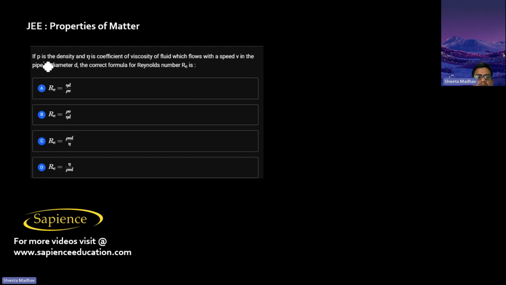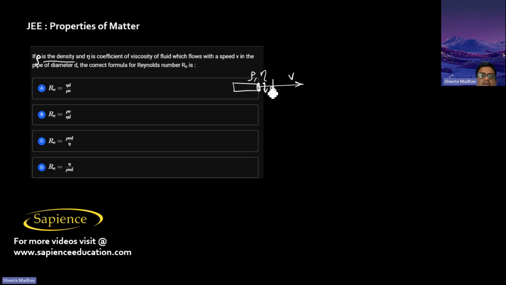Rho is the density and eta is the coefficient of viscosity of the fluid which flows with a speed v in a pipe of diameter d.